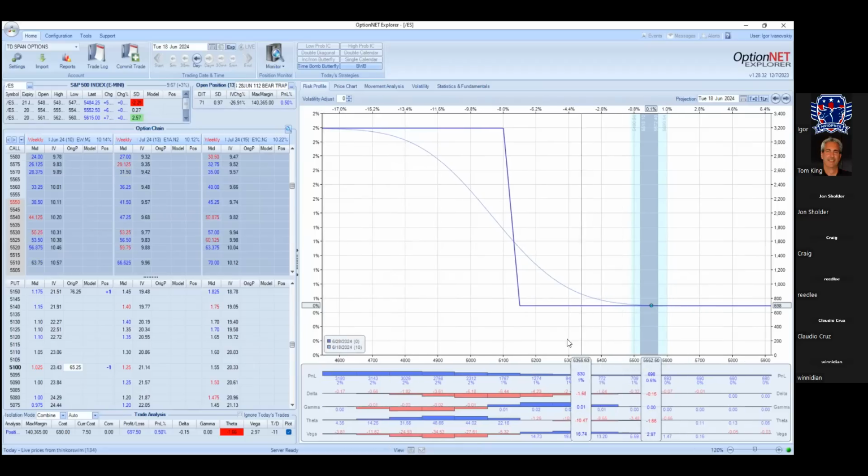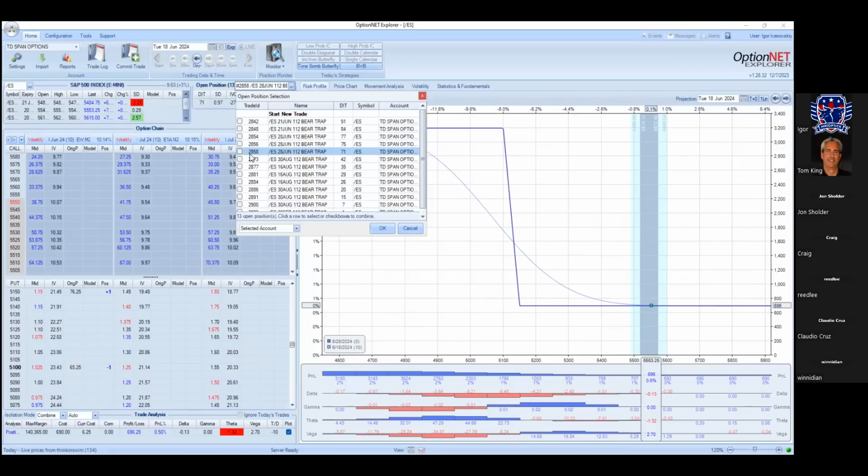So this is a leftover, one of the trades that has 10 days to go. And in this trade, if you want to go back and look at the trade, this is a 2858, which was a 112 in ES.